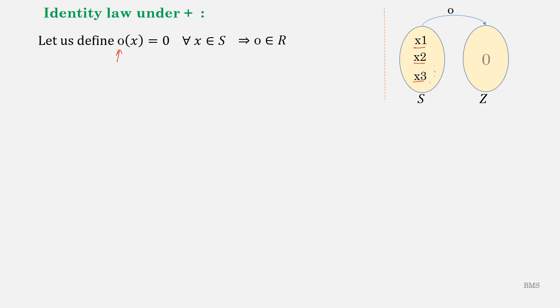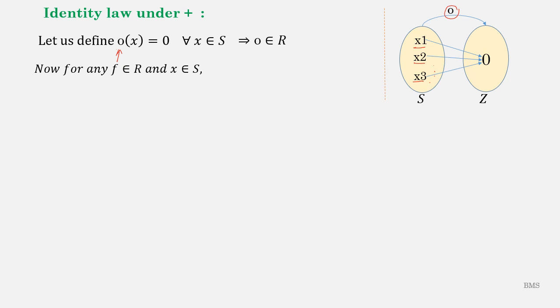All these are mapped onto only 0 under this function O. I mean to say, O brings every element of S to 0 in Z. So therefore O is an element of R. O means it's a function. Therefore it's an element of R.